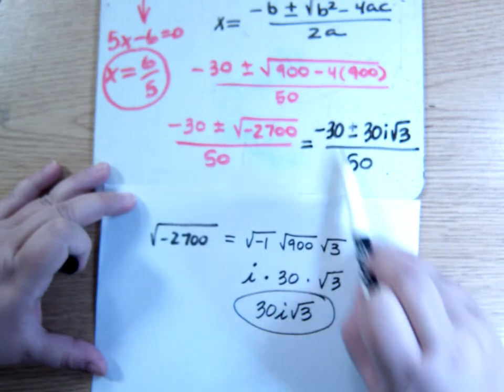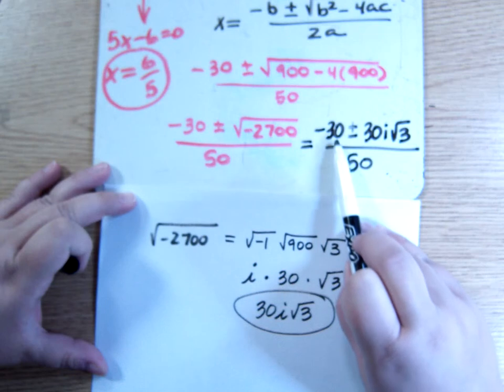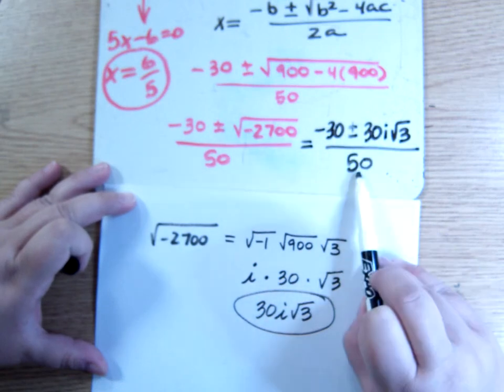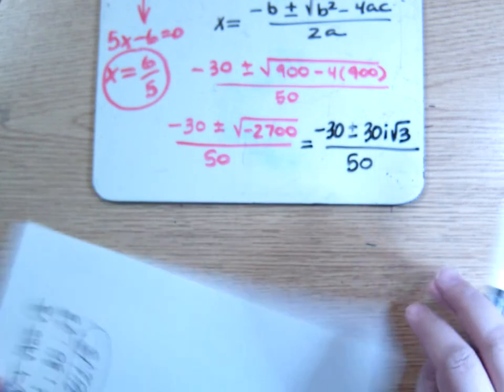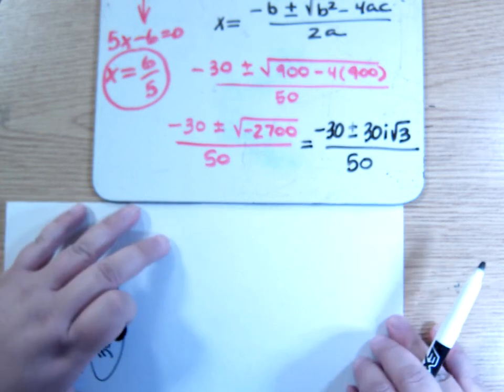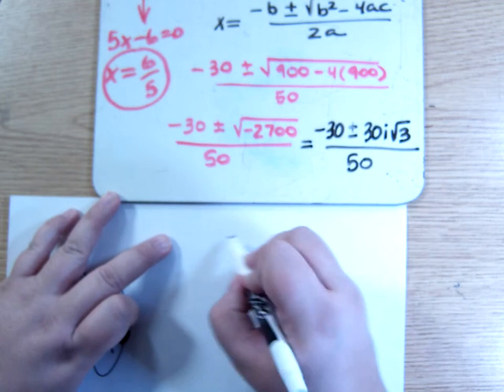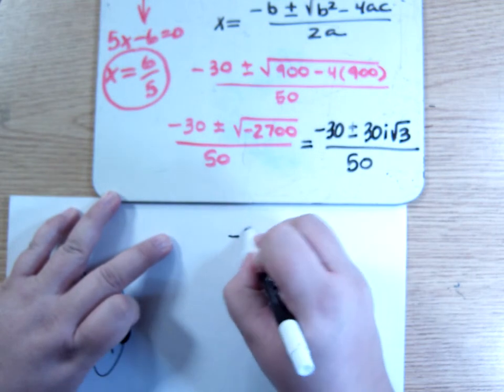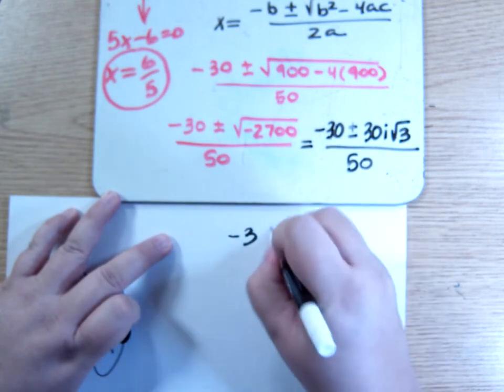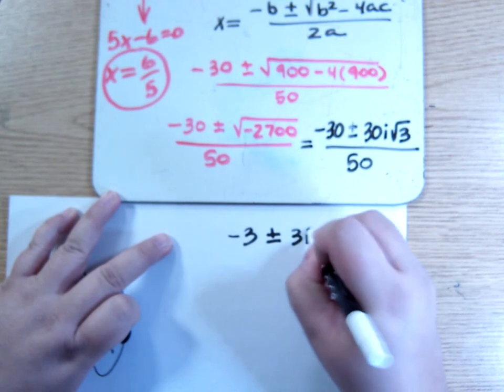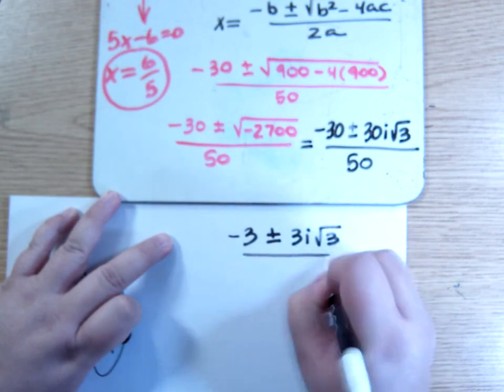Children outside the house play with other children outside the house. So I can simplify the 30, the 30, and the 50 because all three of those are divisible by what? 10. Okay? 30 divided by 10 gives me negative 3 for this, plus or minus positive 3i root 3 all over 5.